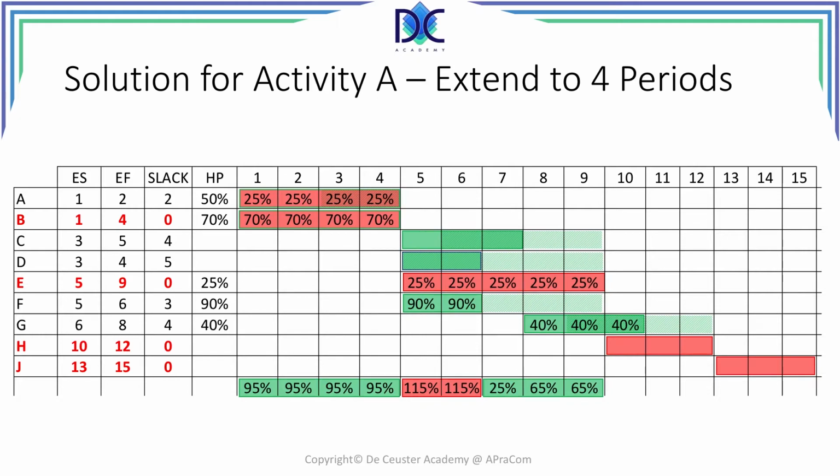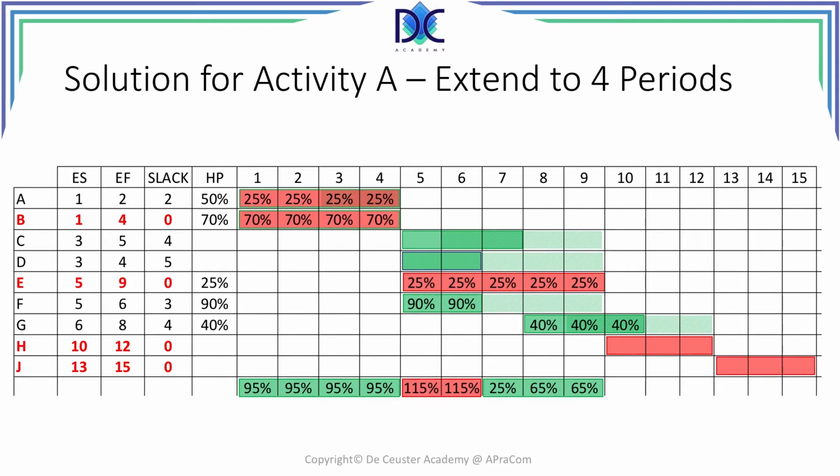It means that the total effort in the periods from 1 till 4 reduces to 95%. In fact, it only reduces in periods 1 and 2, but in periods 3 and 4, it increases from 70 to 95%, but it's still okay because it's less than 100%.